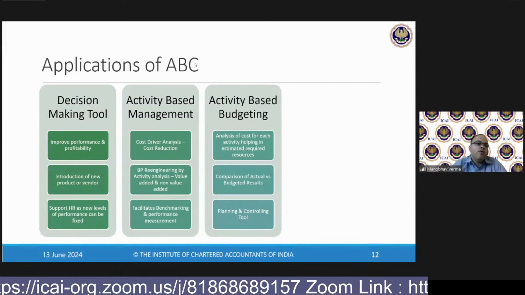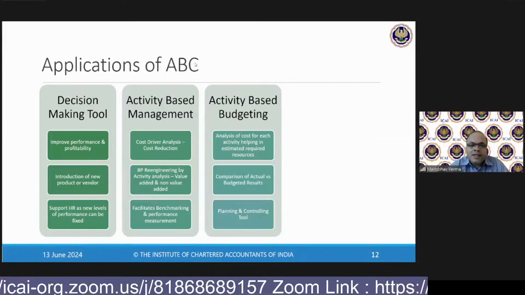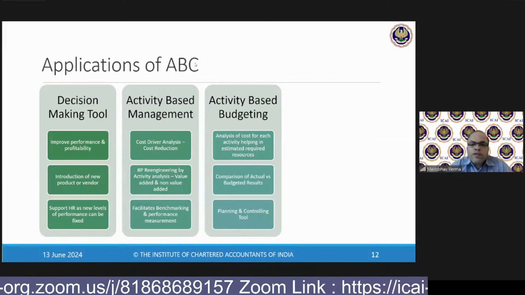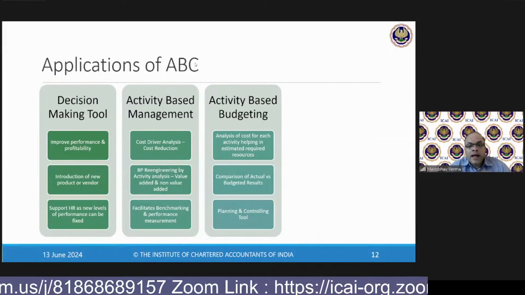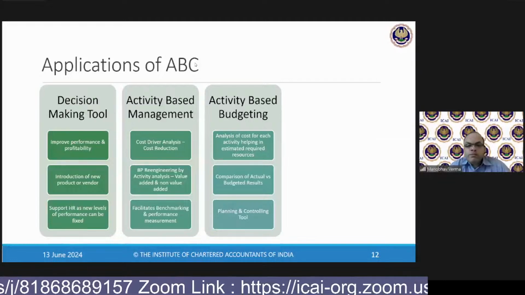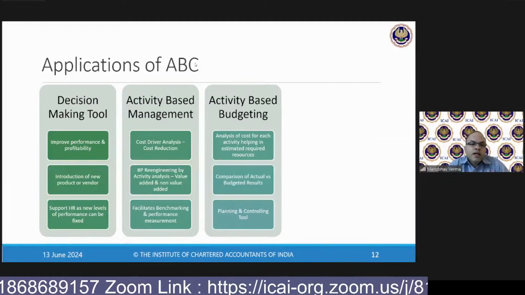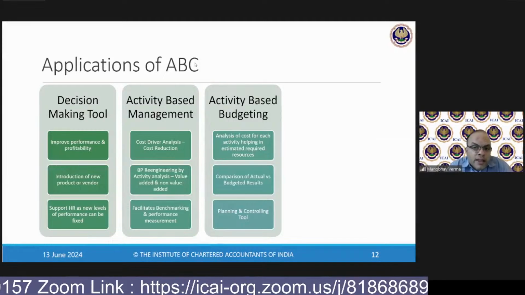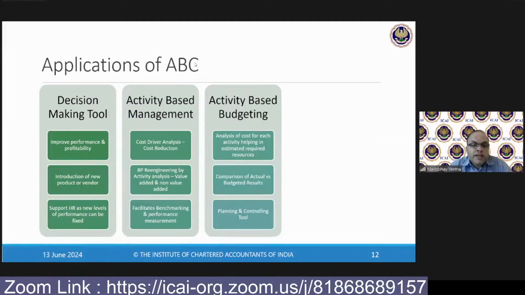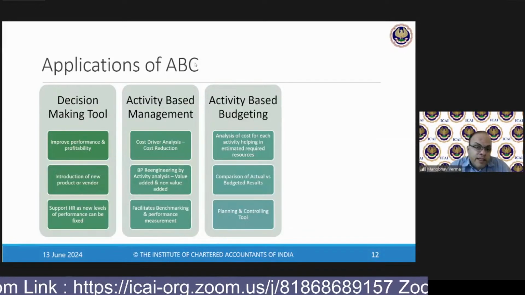With more information available, it can help the management take better, more informed decisions in allocating resources, because we are correlating the cost to the various activities.